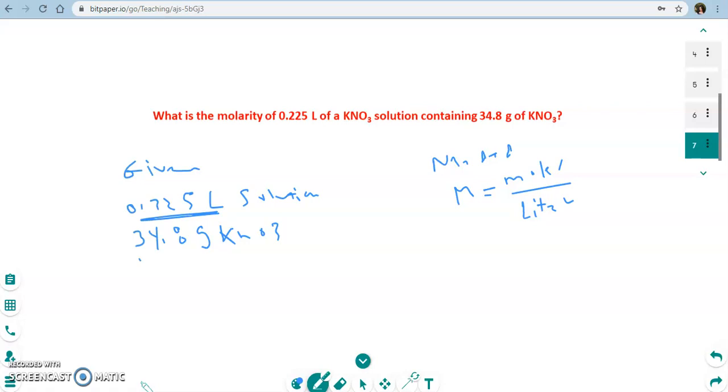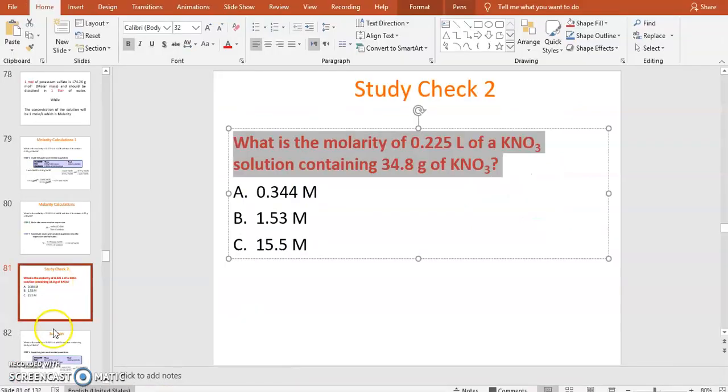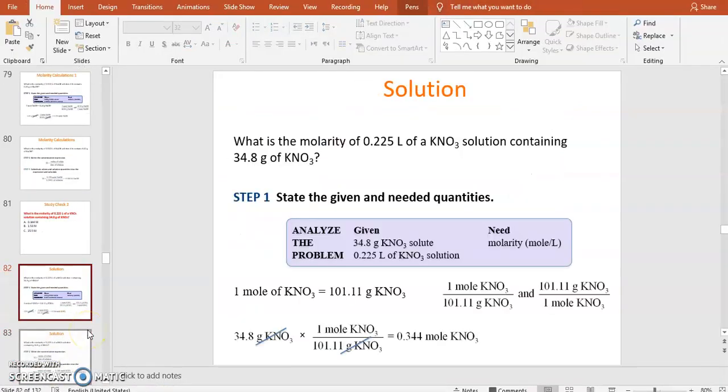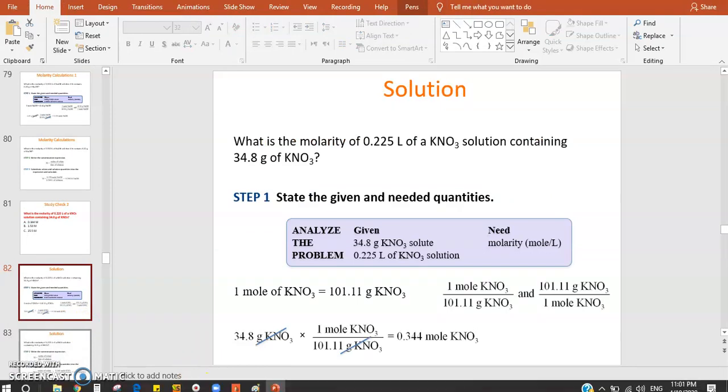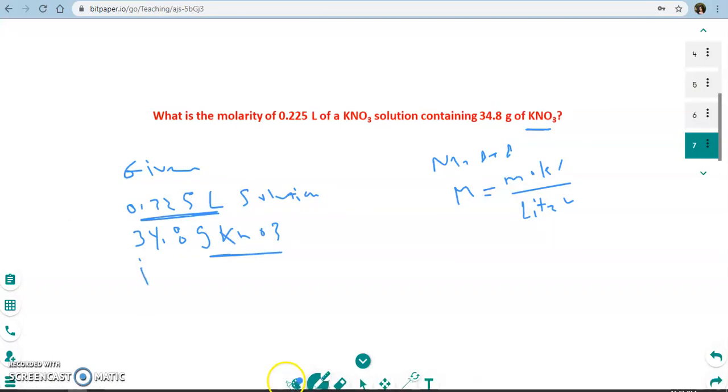To figure out the moles, what we need to do is figuring out the molar mass of KNO3. So the molar mass of KNO3 will be, I can just go get it from here. So it's 101.11 grams KNO3.